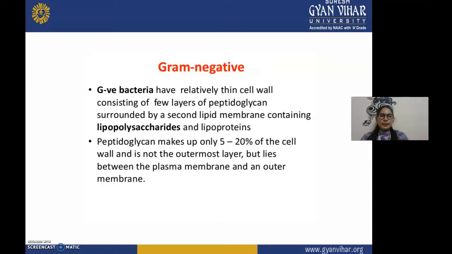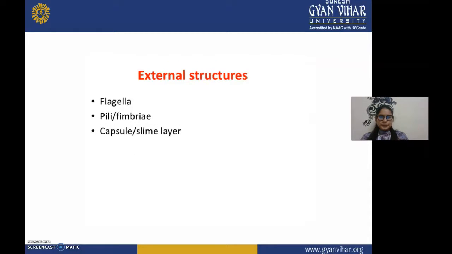Now, when we talk about gram-negative bacteria, gram-negative bacteria have a relatively thin cell wall consisting of a few layers of peptidoglycan that is surrounded by a second lipid membrane containing lipopolysaccharide and lipoproteins. And peptidoglycan makes up only 5 to 20% of the cell wall and is not the outermost layer, but lies between the plasma membrane and an outer membrane.